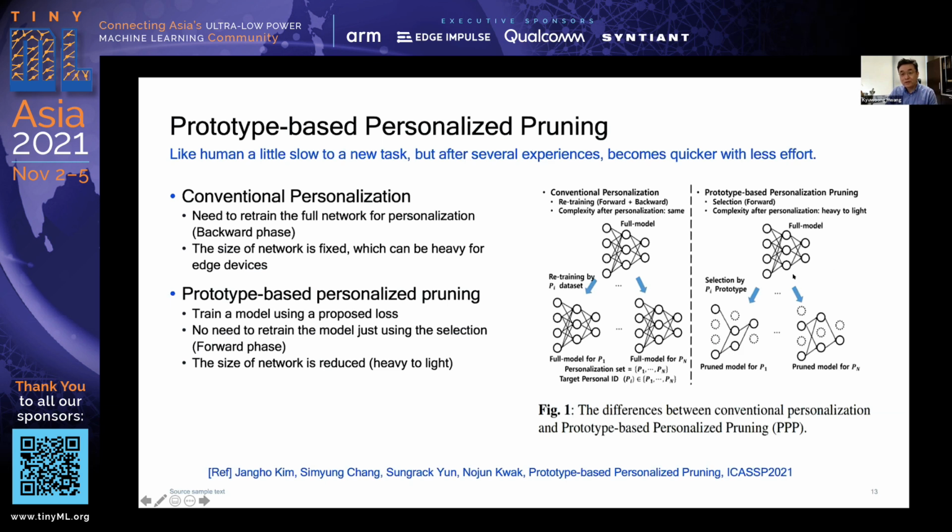That way, we prune out the irrelevant ones, and only the relevant parts of the network for the person remain. We hope this small network shows similar performance as the big model for that person.